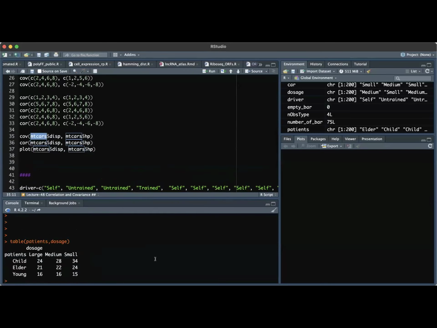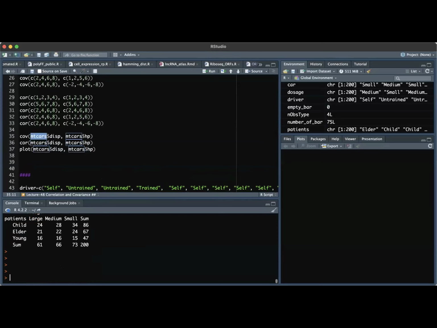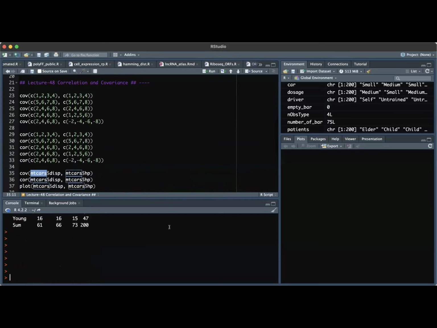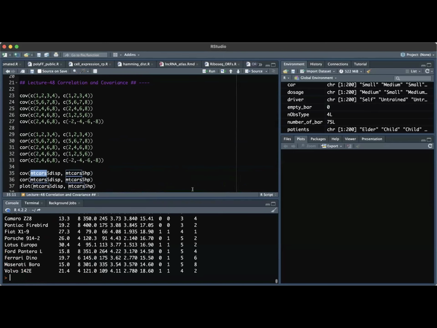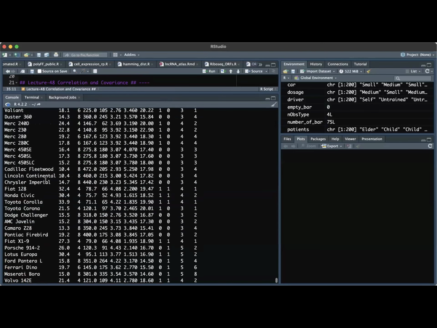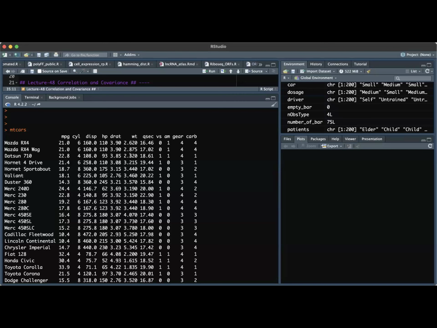Okay, now this is done. We were talking about correlation, covariance, all that. So we're looking at this mtcars data set from R. It has different cars and several variables here. I think these are all car specifications, like gear, qsec, hp.